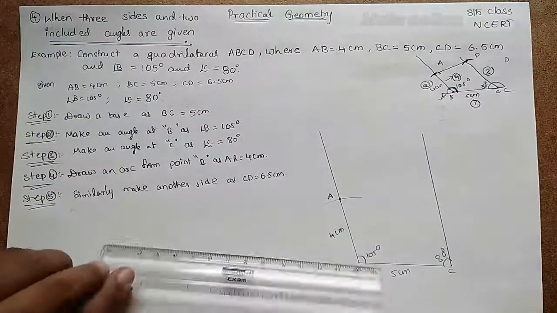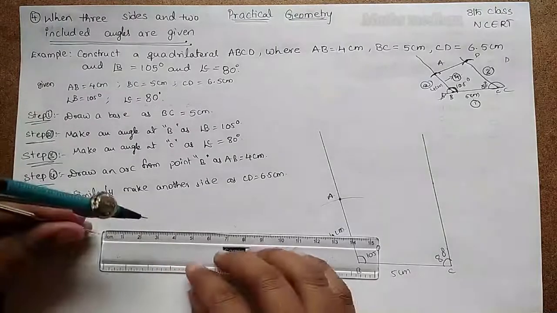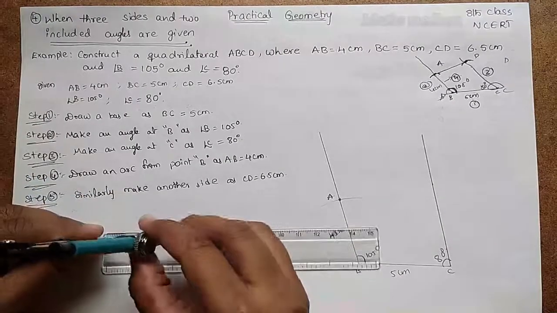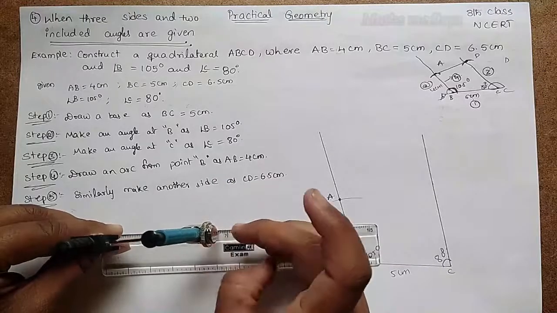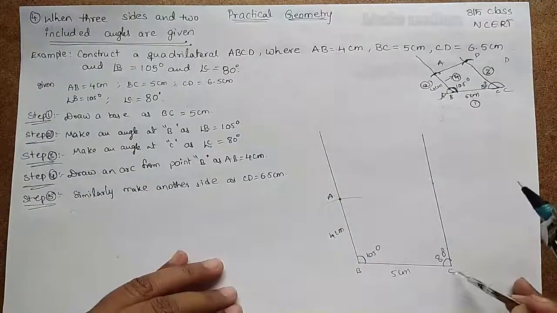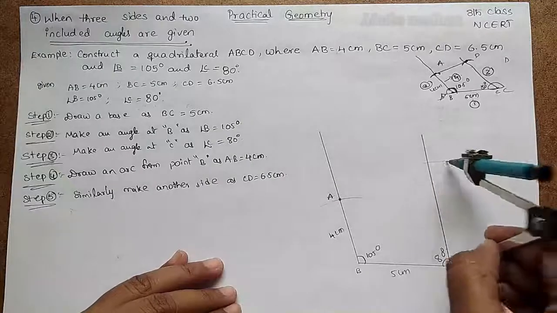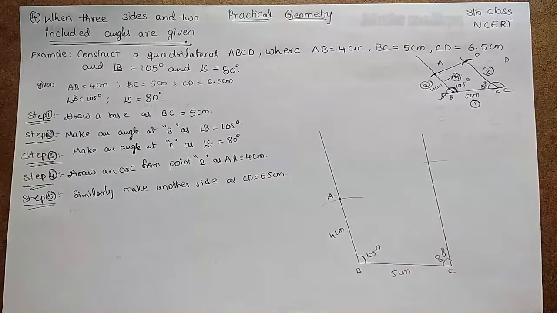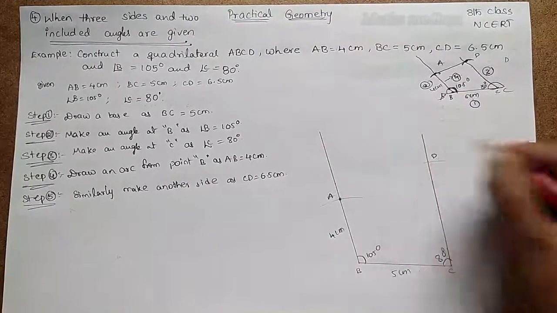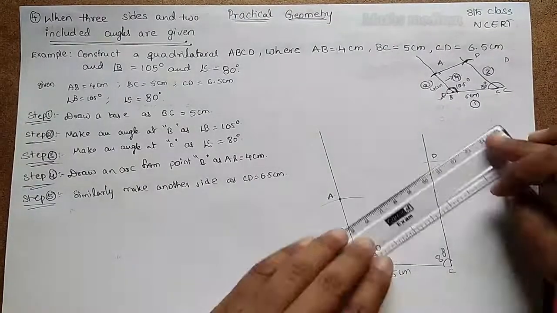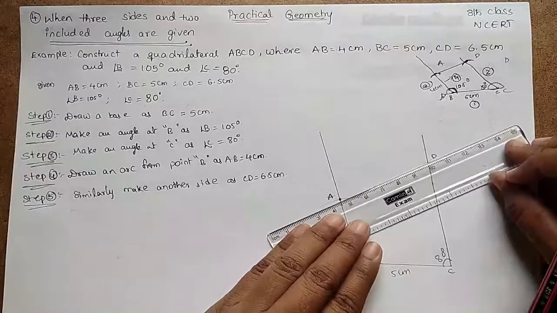So from C take 6.5 centimeters in a scale, and this is 6.5 arc. So when these 2 arcs are meeting, point it as D and combine these 2 points A and D.